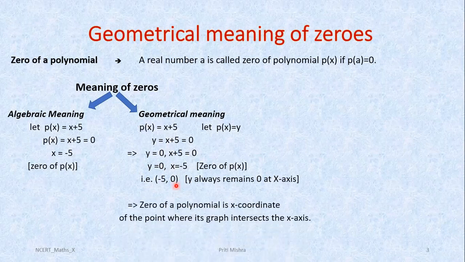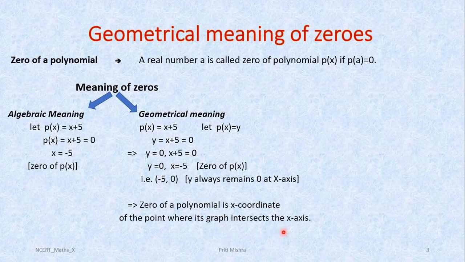What is it? It says zero of a polynomial is the x-coordinate of the point where its graph intersects the x-axis. Once again, I am going to repeat it. Zero of a polynomial is the x-coordinate of the point where its graph intersects the x-axis.